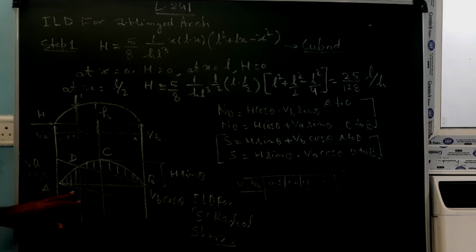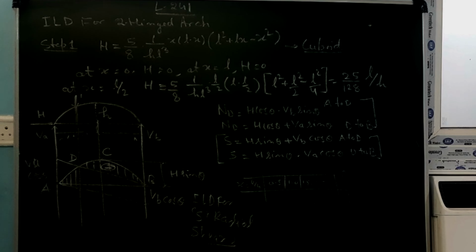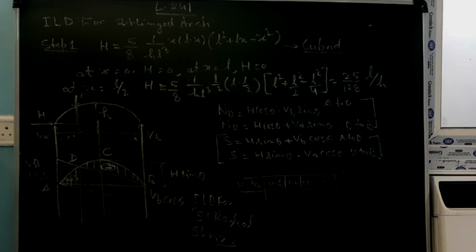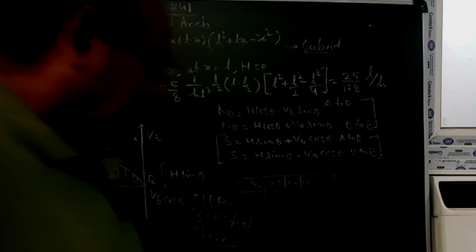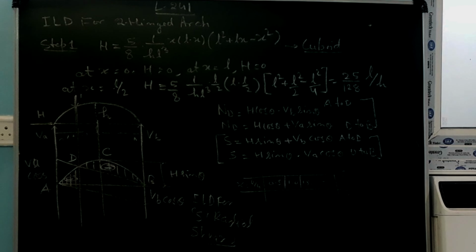This A to D is added, and in this the BB cos theta is deducted. So this you are getting. Whatever it may be, minus or something like that, because this is giving you negative, this is also negative. So addition is like this, and this is your positive. So this is subtracted. This is all about the ILD for the two hinge arch.